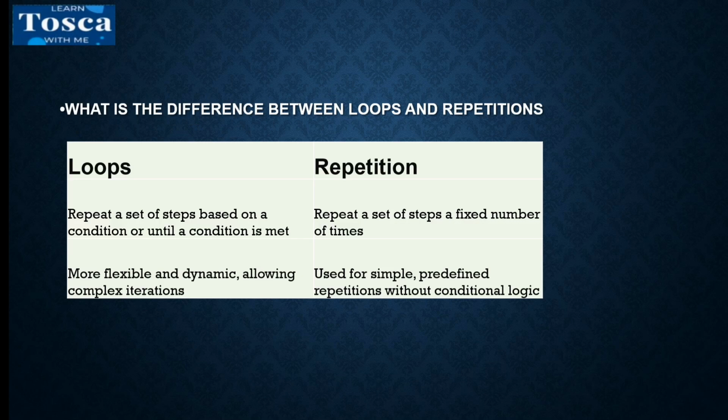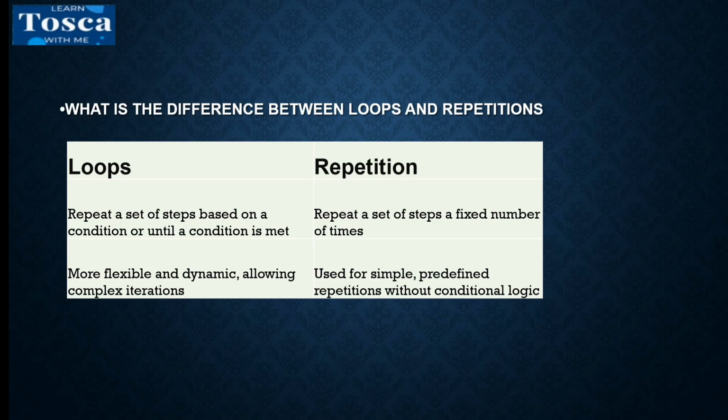Next is the difference between loops and repetition. This is also a bit confusing for people who are new to Tosca, because in both methods we iterate over records, but there is a slight difference.